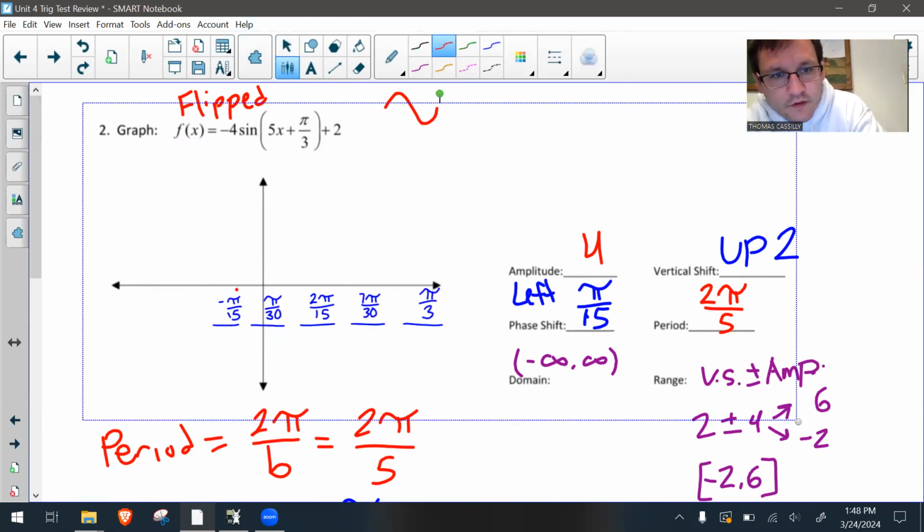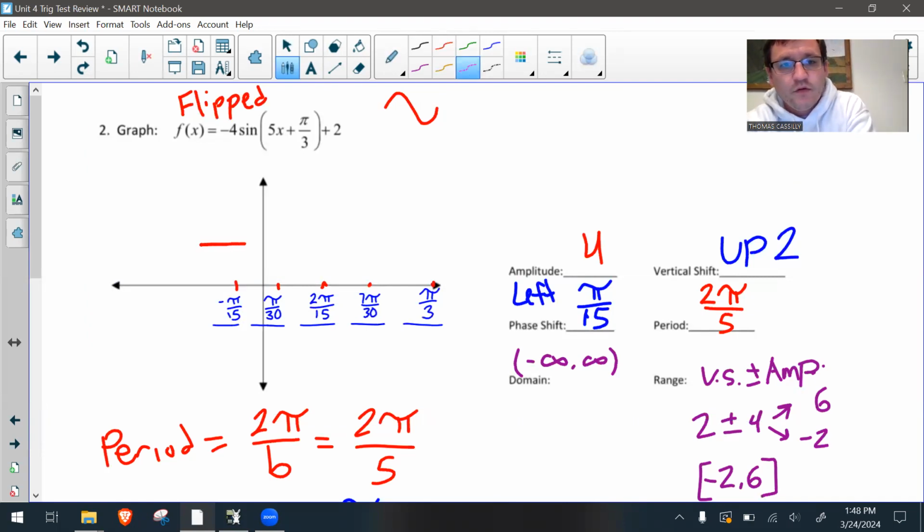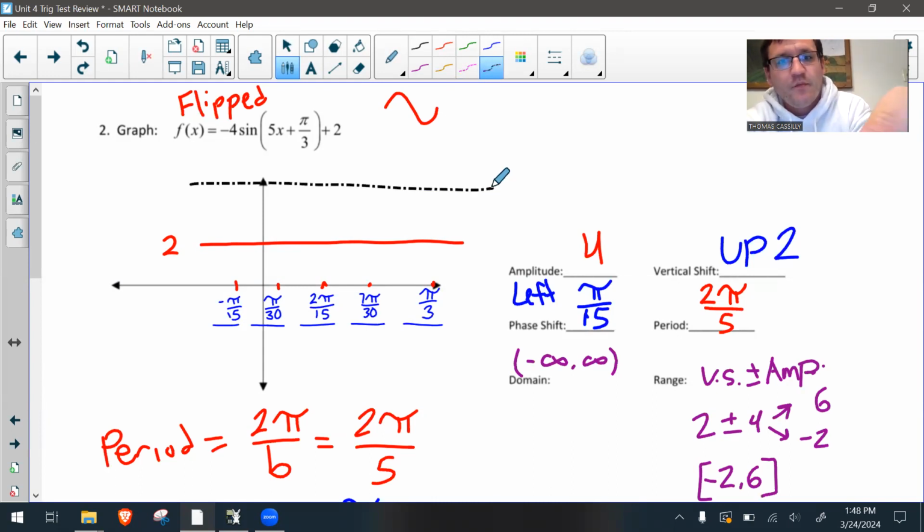So I'm going to call this negative pi over 15, negative pi over 30. And then, of course, we know our midline is going up 2 spots. So let's just call this 2. The amplitude is 4. So we have to go 4 spaces above. So this is going to be a 6. And then 4 spaces below is going to be approximately, maybe right there. So we can call that negative 2.